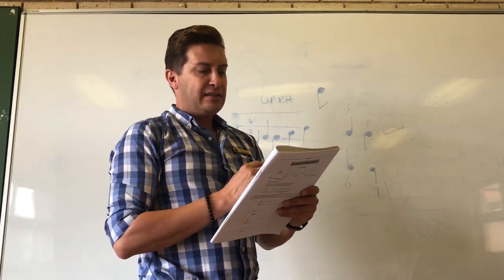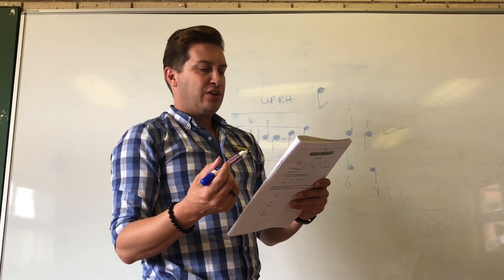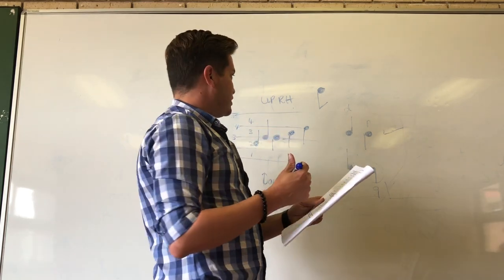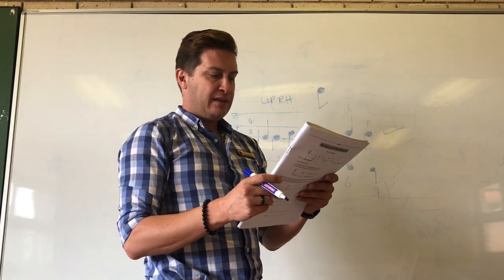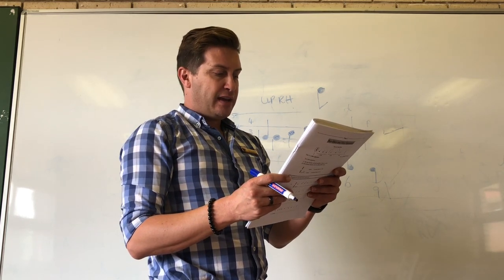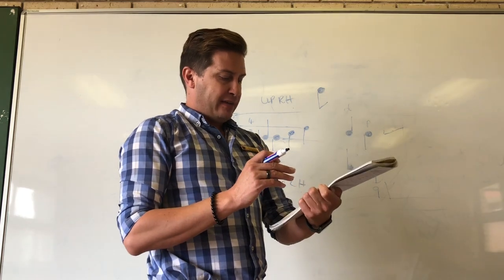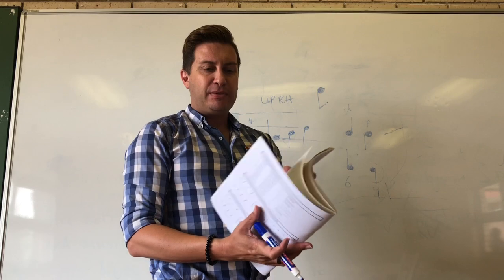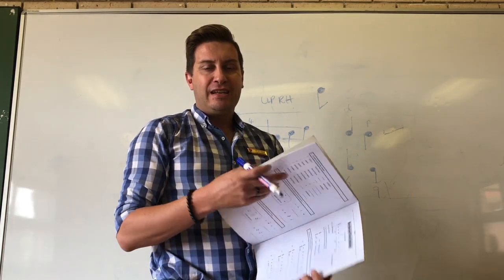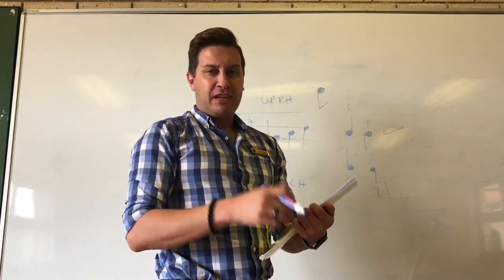Complete the following sentences. 2 minims last as long as how many crotchets? So you're going to use your pyramid to determine that. Questions 8 and 9 are quite simple, and that is your lesson on time values. I hope this helps. You can watch this again and again, and good luck.